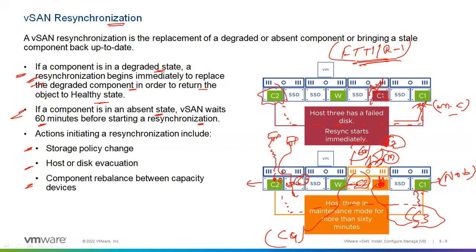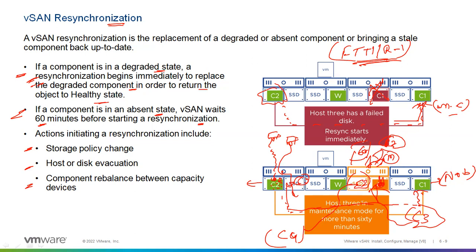During that time, this component will grow, and once the host is back, it will resync again with the absent component, because during that time some delta changes will happen to the original data, right? Just to rebalance, it will resync again.